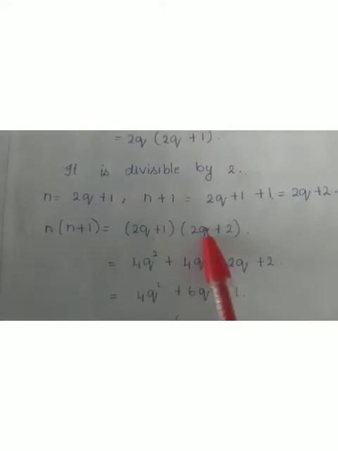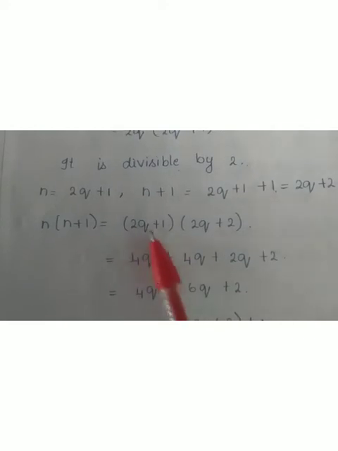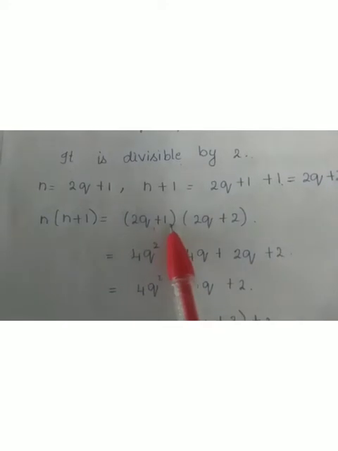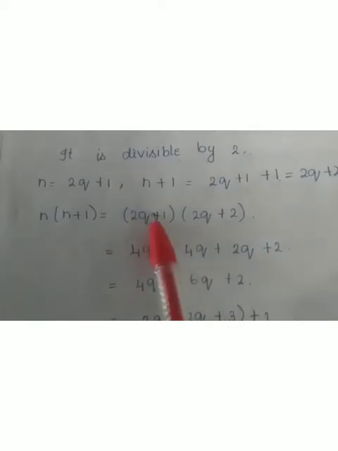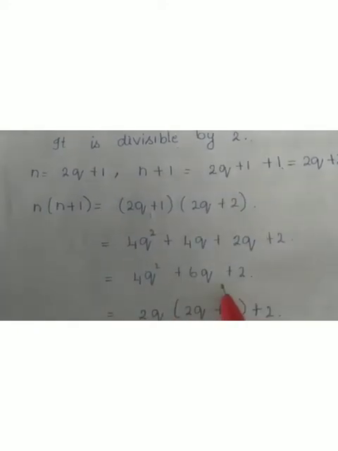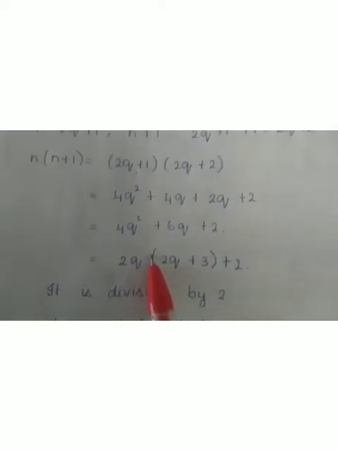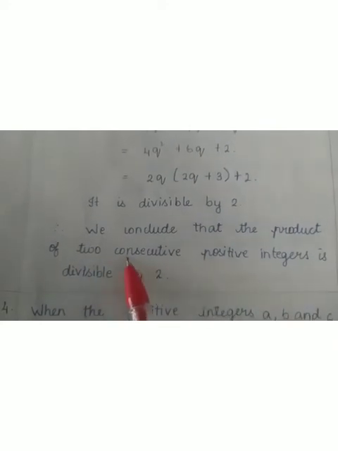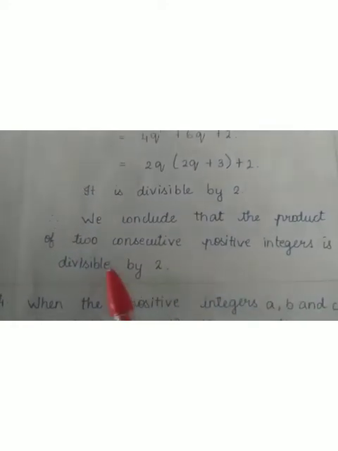So now 2q into 2q, 4q square, plus 2q into 2, 4q, plus 1 into 2q, 2q, 1 into 2, 2. Now 4q square, 4q plus 2q, 6q, plus 2. So we take out the common terms. So 2 into q(2q plus 3) plus 1. It is also divisible by 2. So we conclude that the product of two consecutive positive integers is divisible by 2.